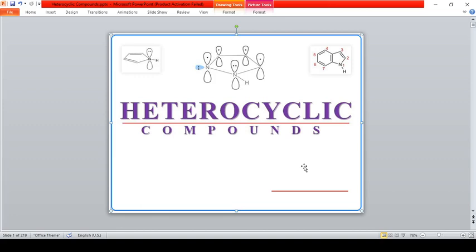From cyclic, we are referring to compounds which have a ring structure. So carbocyclic compounds are those cyclic compounds whose ring structure is made up of carbon atoms only.